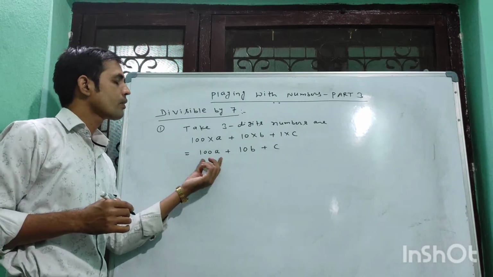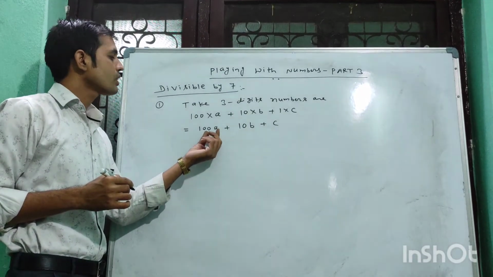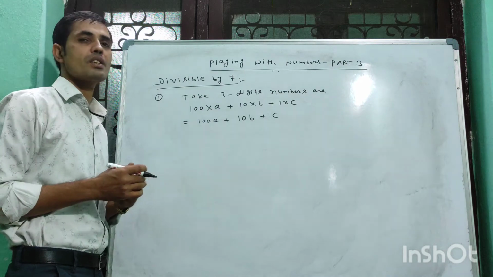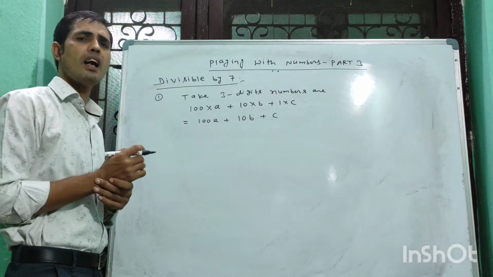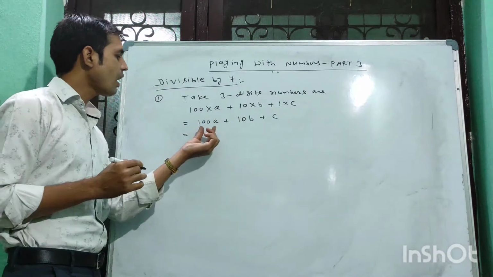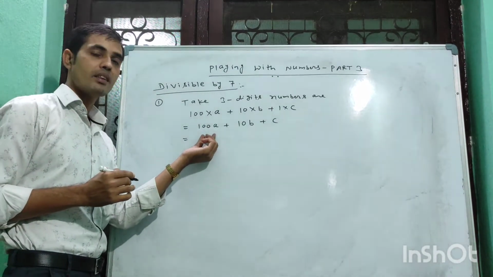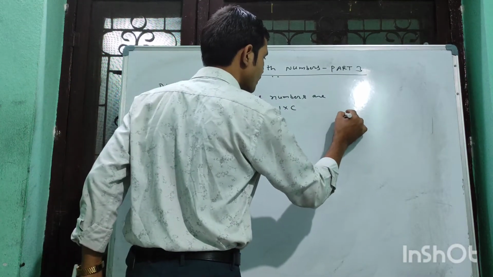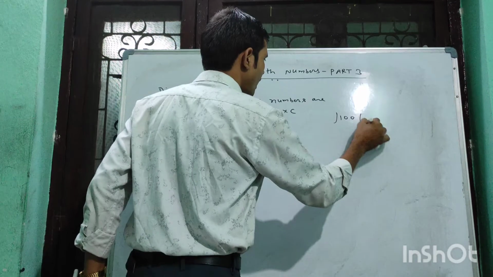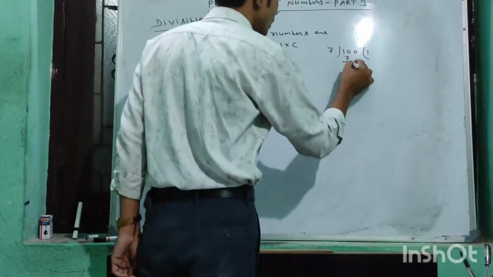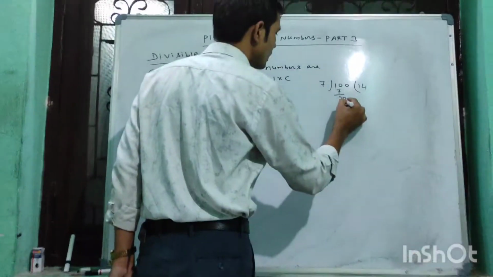How can we see whether it is divisible by 7? What is the process? First of all, you divide by 7. So first the 100 term: in the 100 term you divide by 7. 7 1 just 7, then 3 0 30, 7 4 just 28.